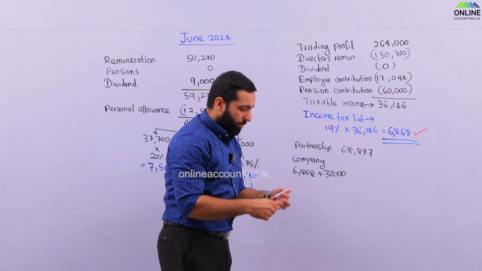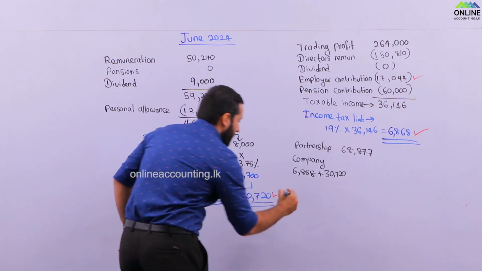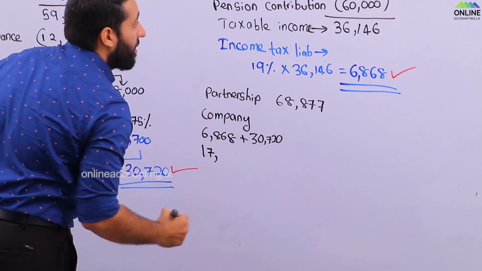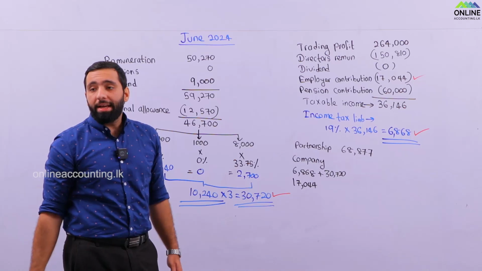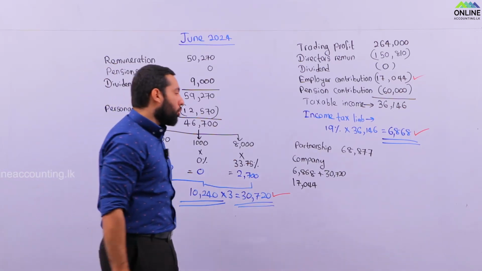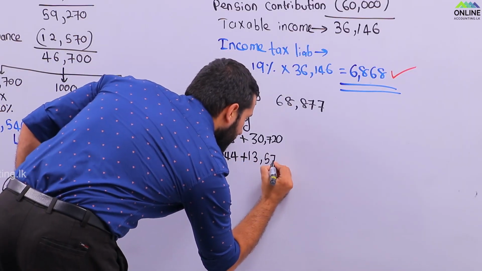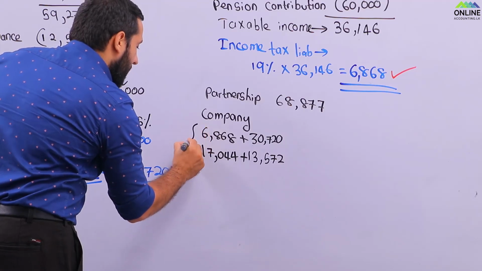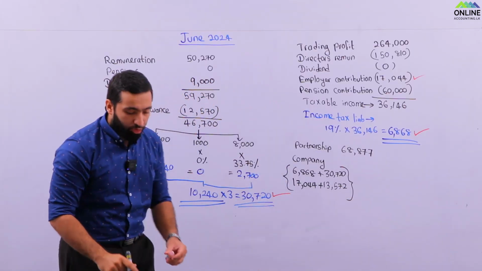The employer contribution, the company will be paying 17,044. And then what else? Yes, the employee related contribution, which is 13,572. That is very, very important. So these are the four figures that the partners and the company together will need to pay.